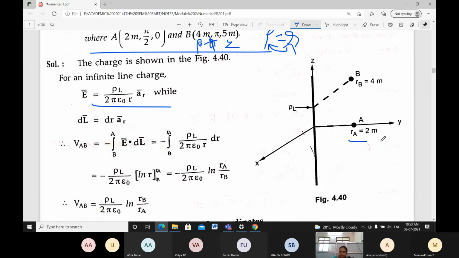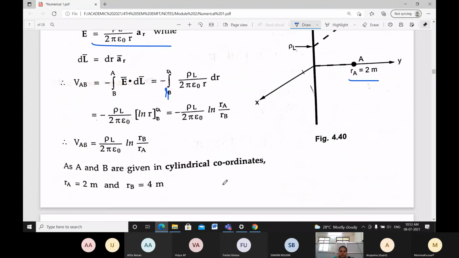Therefore that's going to be rho L divided by 2 pi epsilon naught ln R, because the integration of 1 by R is ln R. Then the equation is going to be minus rho L divided by 2 pi epsilon naught ln RA divided by RB. This is the potential equation we got.